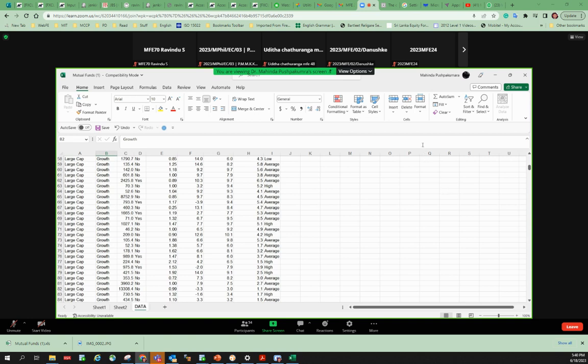Let's say as another example, you are going to invest in the stock exchange. Then you may identify maybe 3 or 5 firms listed in the CSE, that means Colombo Stock Exchange.